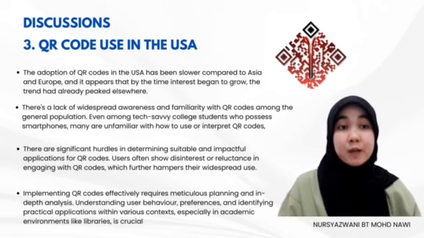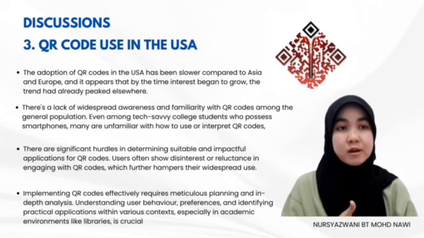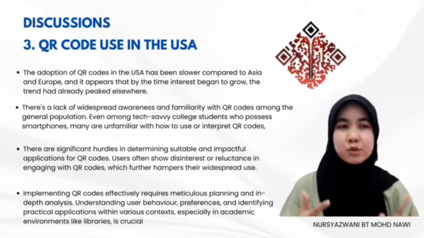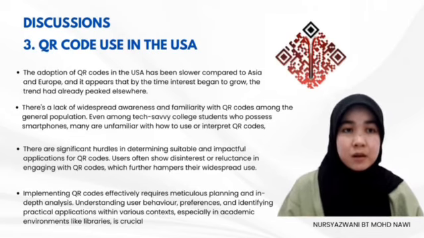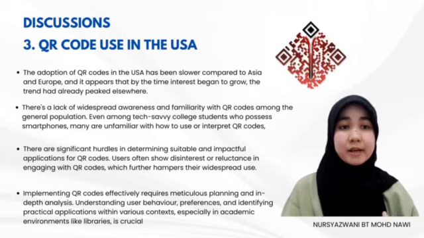Moreover, while platforms like Facebook, Twitter, and Flickr are immensely popular among students, when these technologies are integrated into library settings through QR codes, there seems to be a lack of interest from students, and implementing QR codes effectively requires meticulous planning and in-depth analysis.